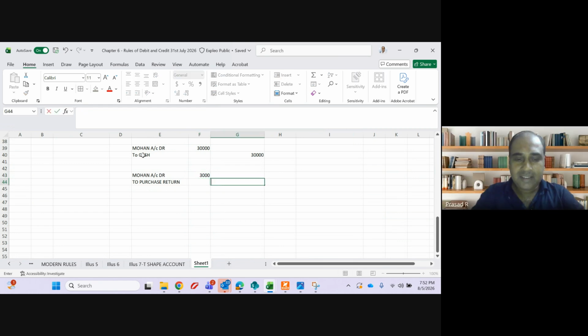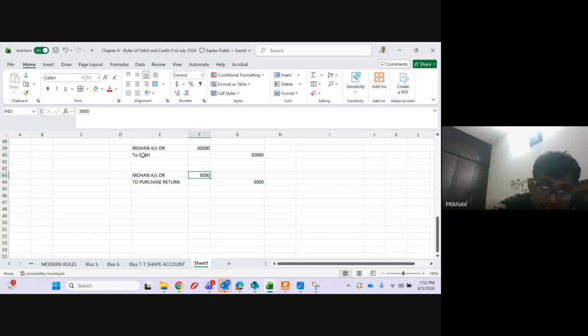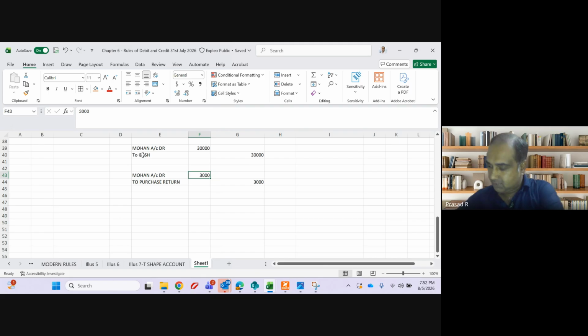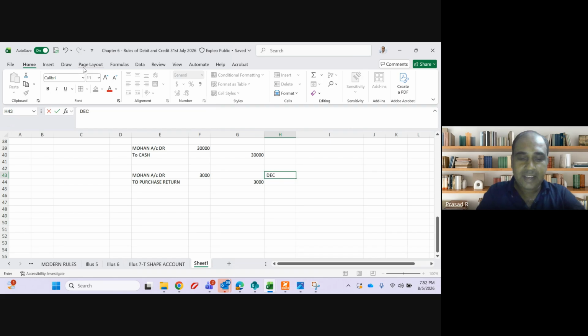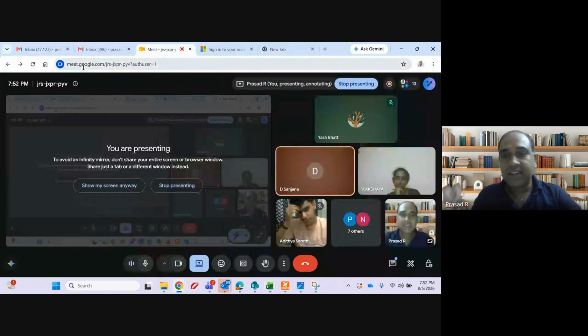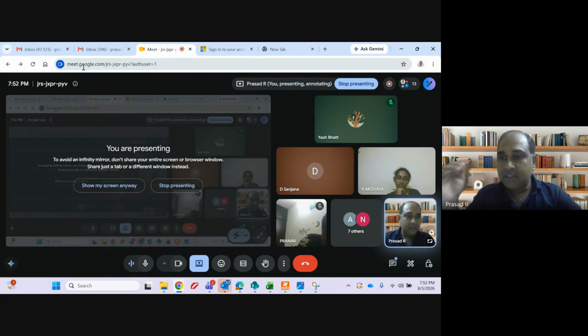Okay. Let us understand the concept. Why is Mohan debited? Sir, it will come 30,000, sir. No problem. Amount I will change. No issues. Goods returned to Mohan is 3,000 only. Mohan account debit. Why is it debited? Decrease in liability. And why is purchase return credited? Purchase is an expense. My expense is reducing.